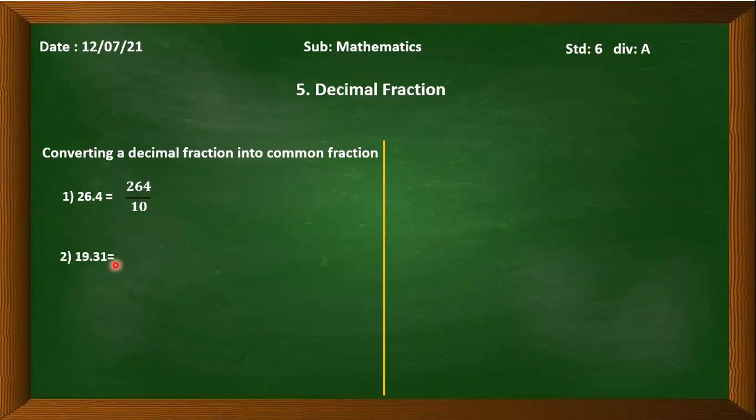Two digits, right? So what will come in the denominator, 10, 100 or 1000? 100. Yes, right. So the answer will become 1931 upon 100.